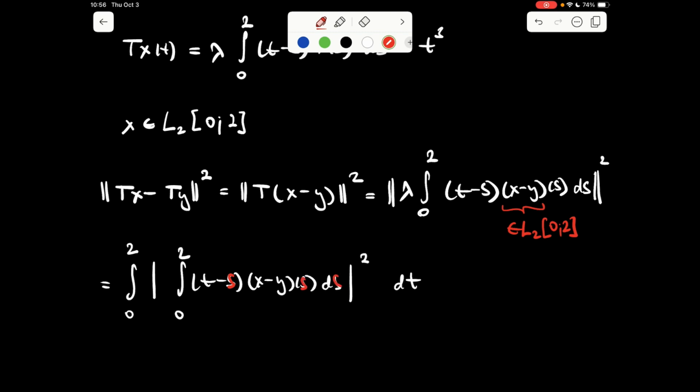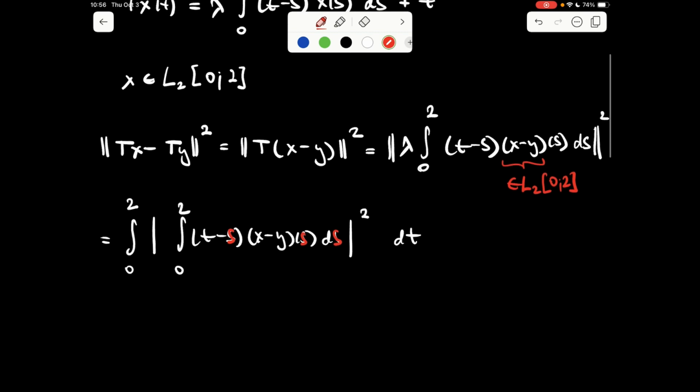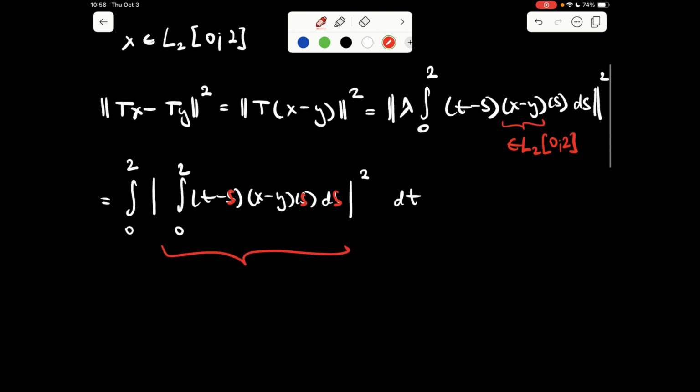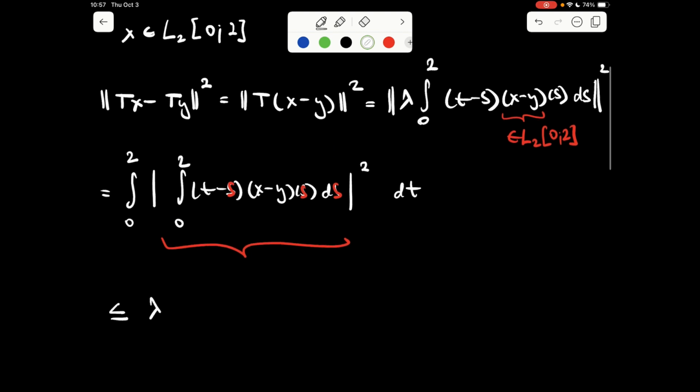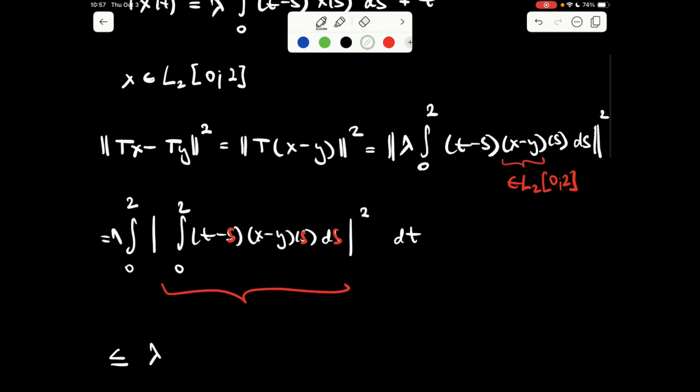So the integral is with respect to s. So we can use the Cauchy-Schwarz inequality in the variable s after, sorry, something was missing here.